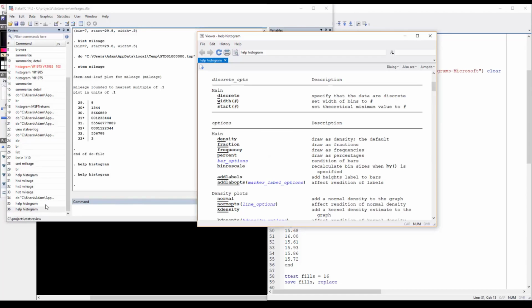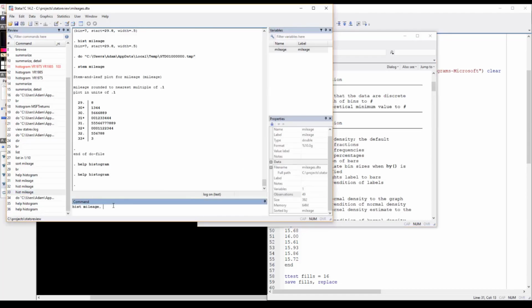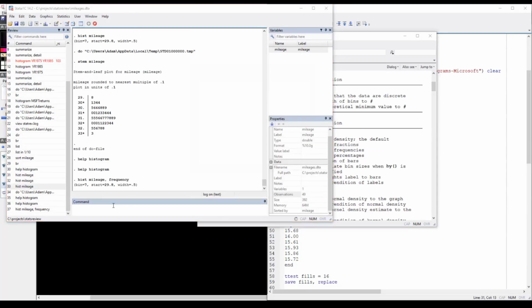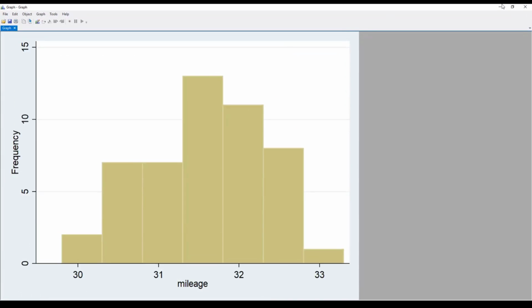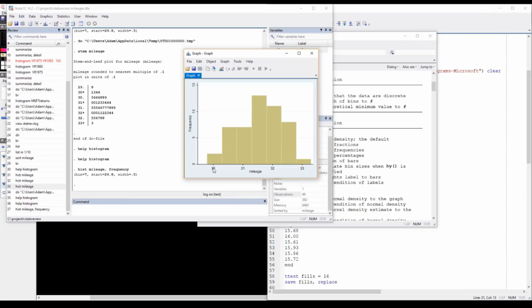One of the options is the frequency. So we can look at the histogram and see the frequencies instead of the densities. And this is what it looks like. On the horizontal axis, we see 1, 2, 3, 4, 5, 6, 7 bins. Each bin is a range of the values of the variable mileage. We've got 49 observations, and we can see the frequency on the vertical axis.